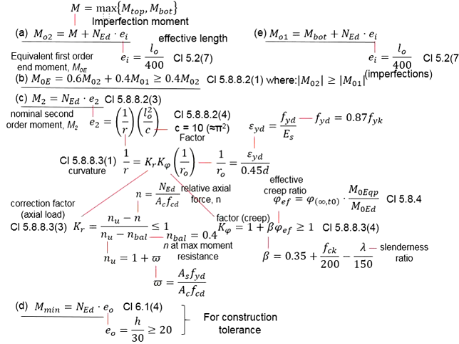Now in the case that the KR calculated is not the same as what was assumed, that means there will be corrections to the M2, which subsequently will be corrections to the MED, and then from the design chart, you will obtain a new As. Bring the new As back again and test the KR again. This is until you get more or less a constant KR, which leads to the same M2 and the same MED. Only then the amount of reinforcement bar is confirmed.